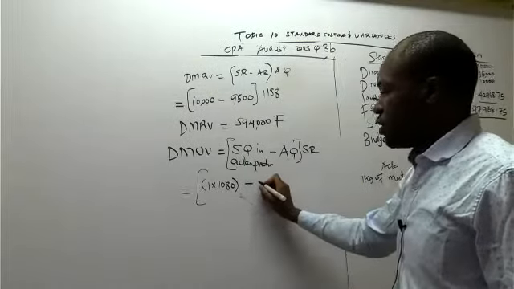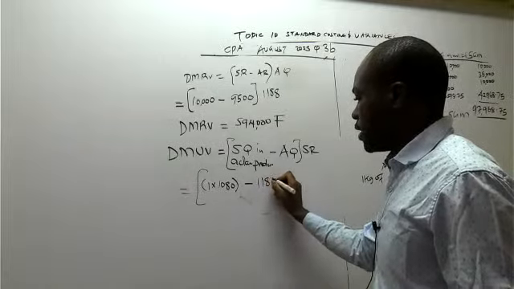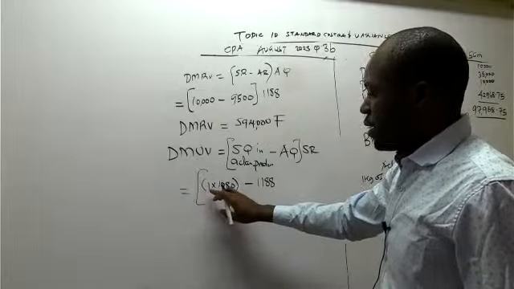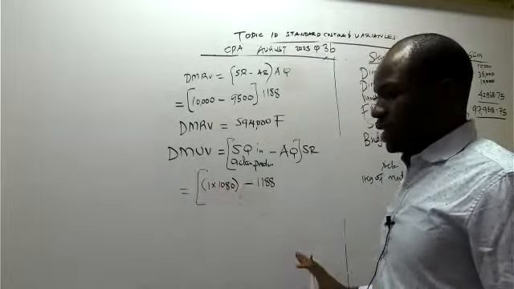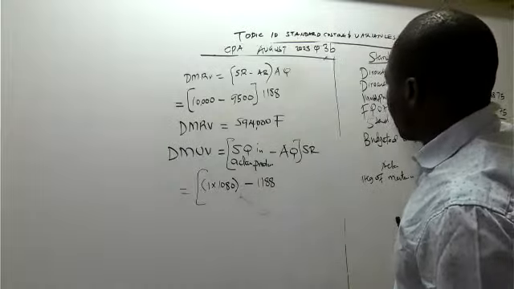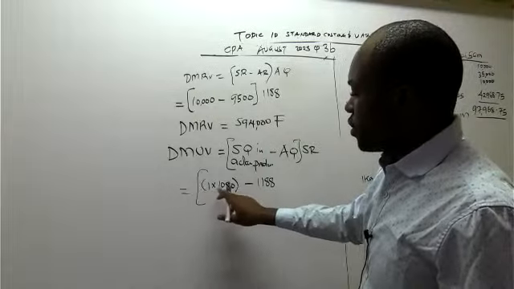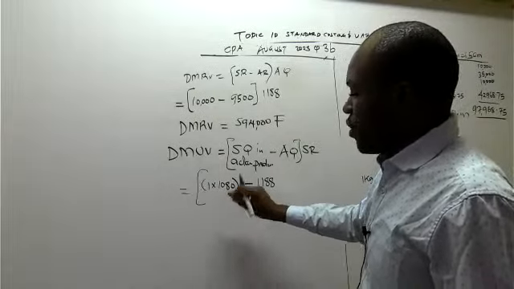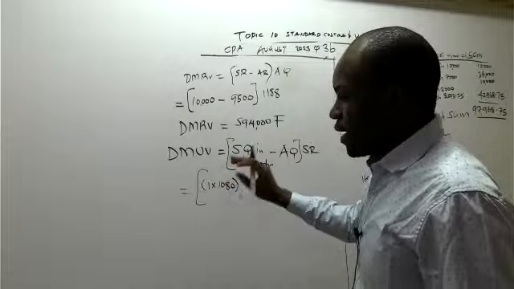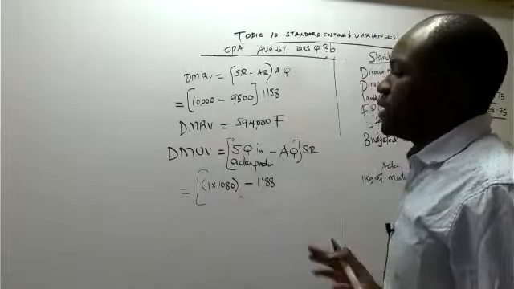Actual quantity of raw material ni ngapi? 1188. Aya, nipatie answer hapa. 1 times 1080 ni 1080. In your budget, as per your standard hapa juu, you are going to spend 1080 kgs to produce this SGM.